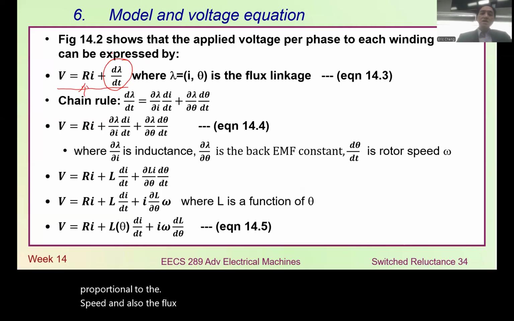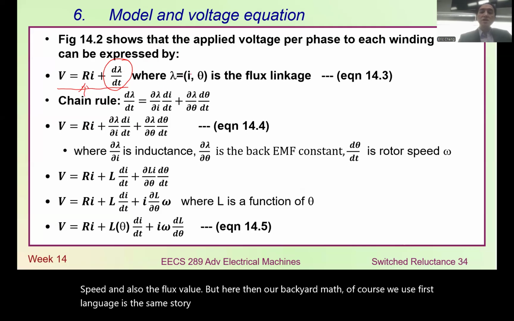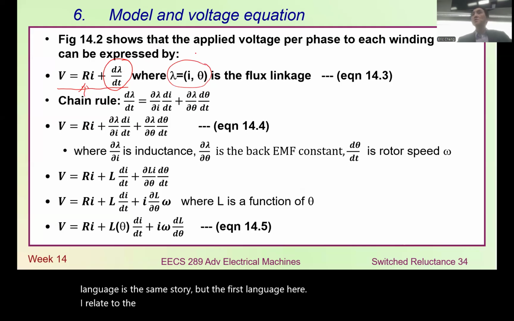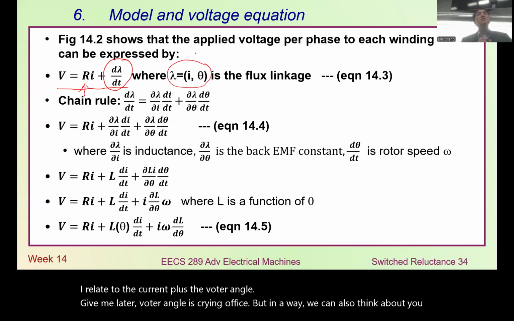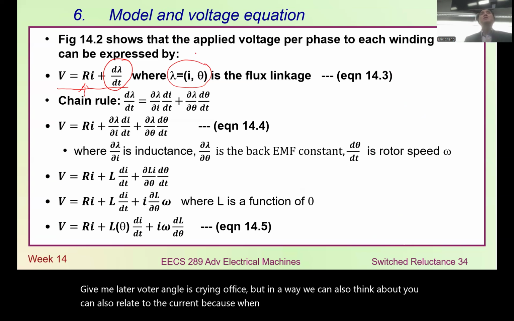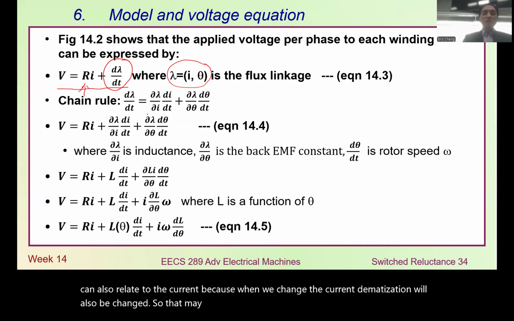But here our back EMF, of course, we use flux linkage, is the same story, but the flux linkage here is related to the current plus the rotor angle. That it is related to the rotor angle is quite obvious, but in a way we can also think that it relates to the current, because when we change the current, the magnetization will also change. So when we differentiate this, we can differentiate by the chain rule.